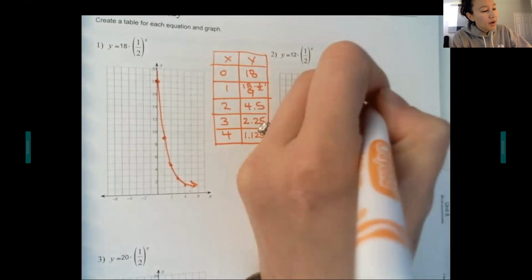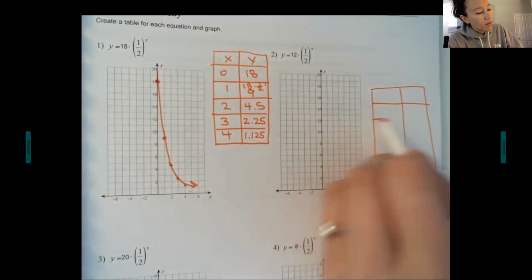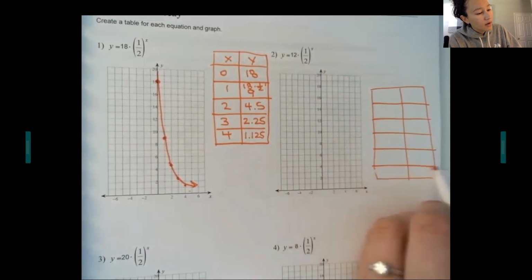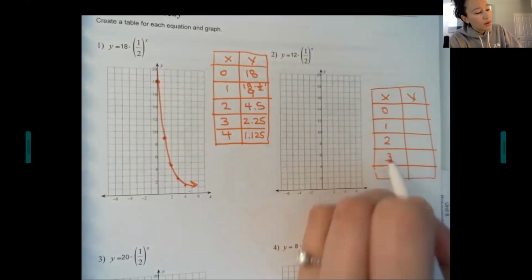So for all of them, you're going to want to just start with the table that we had, just like number 1. And you can use 0, 1, 2, 3, and 4 again.